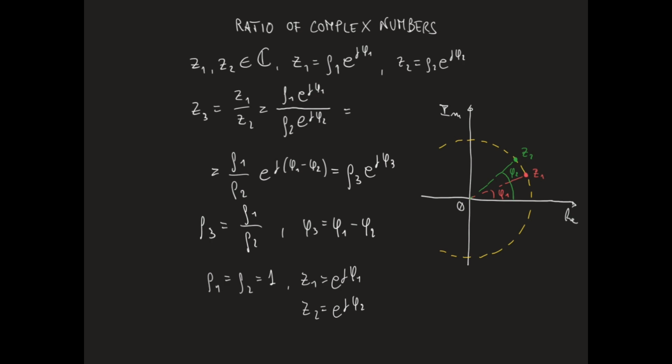The ratio between z1 and z2 gives again a point on the unit circle as the modulus of the ratio, rho 3, which is rho 1 over rho 2, is equal to 1. The phase will be phi 1 minus phi 2. So, the effect of dividing z1 by z2 is that of moving the point z1 clockwise along the unit circle by an angle phi 2.